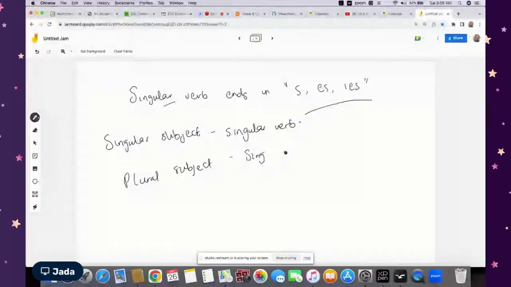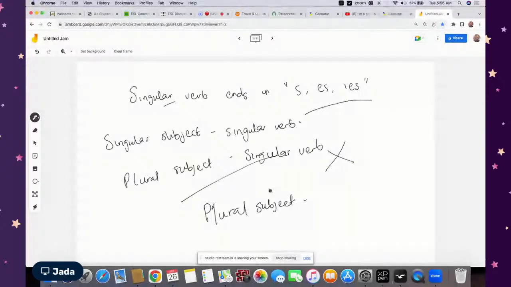You cannot have these two together. It's gonna be wrong. Okay? And then you can only have plural subject with plural verb. Okay, so this is the agreement.